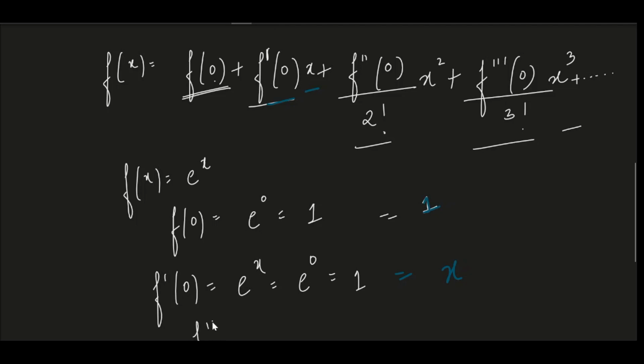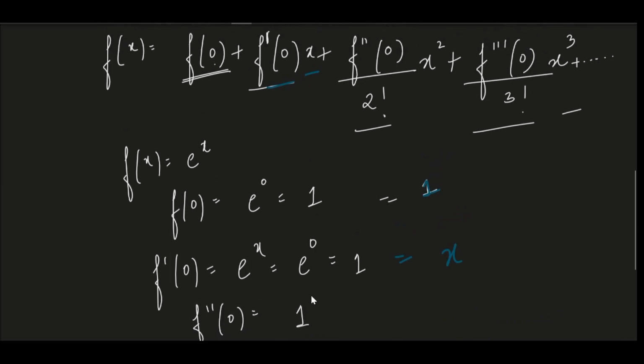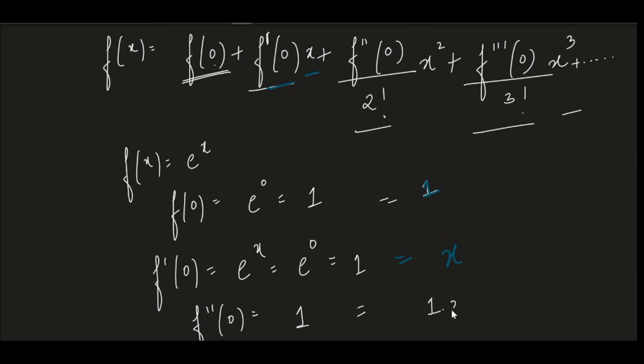Similarly, to find the third term, I find the second derivative, which will also be 1, because the derivative of e raised to the power x is just e raised to the power x. So that is 1 multiplied by x square over 2 factorial, which is x square over 2.